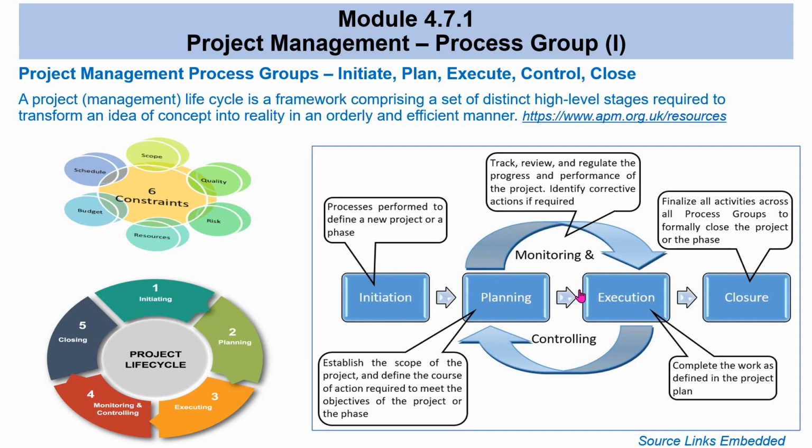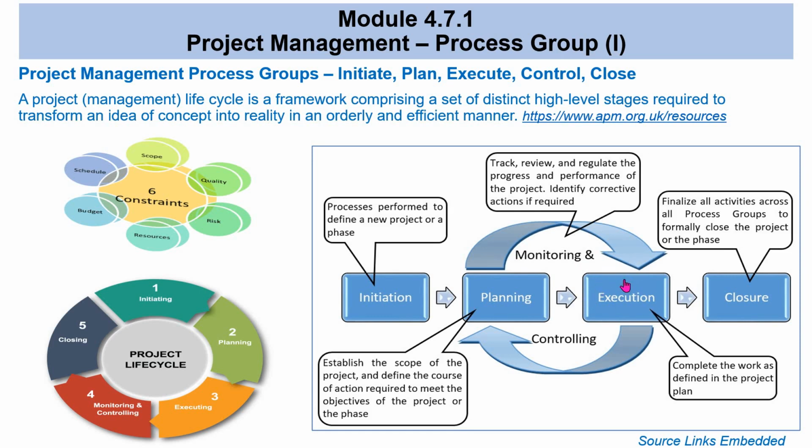And while you're initiating, planning, and executing, you are also doing monitoring and control, which means you have to track and review the things that are going on to make sure progress and performance are what you expect. And if not, you make the adequate changes or corrections that are needed. This helps in managing any risk and helps you keep the quality, and also make sure there is no scope deviation.